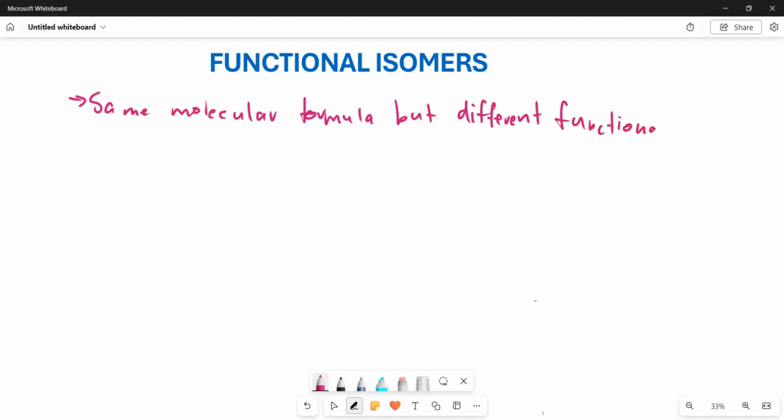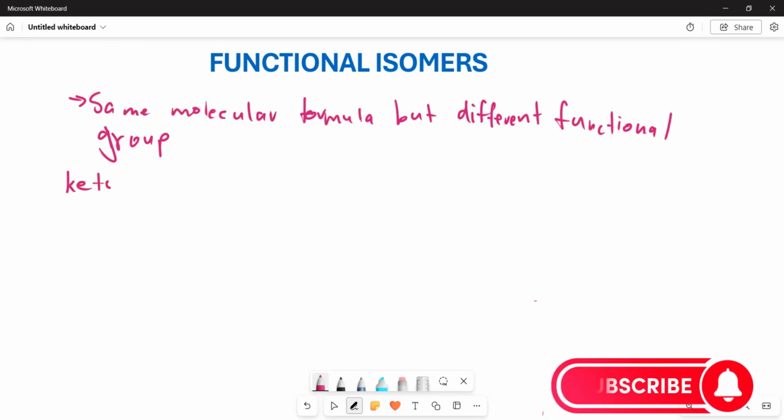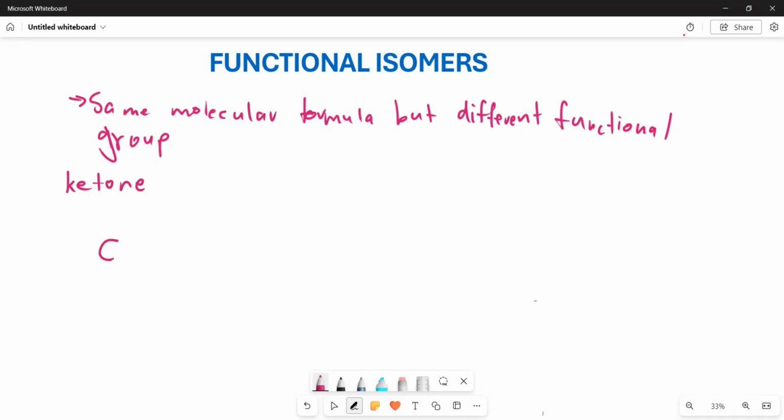Let's see. Firstly, in order for us to understand this, let's start here. For example, if you look at your ketone, we all know that the functional group of your ketone, the double bonded oxygen, is always going to be found in between the carbons.